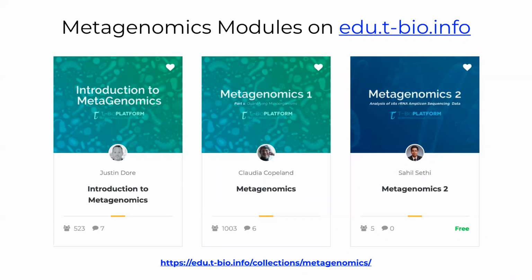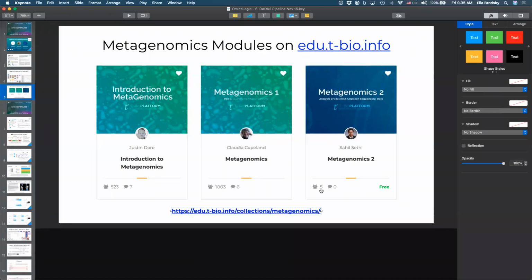The Metagenomics 2 course is essentially what we are covering today in greater detail, and it also provides some additional information on things that we just cannot fit in a single session like this. But if all of you can review some of the data here.